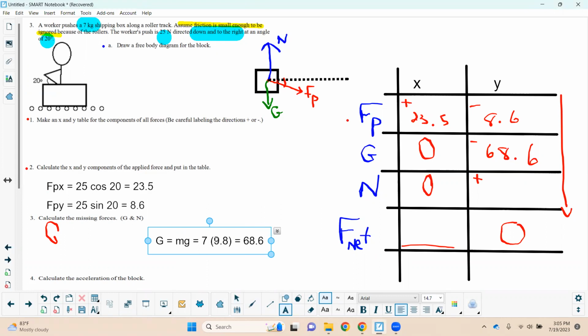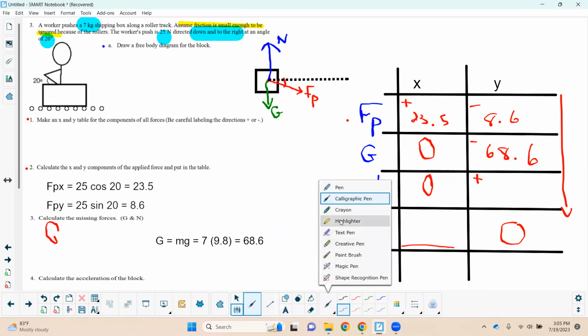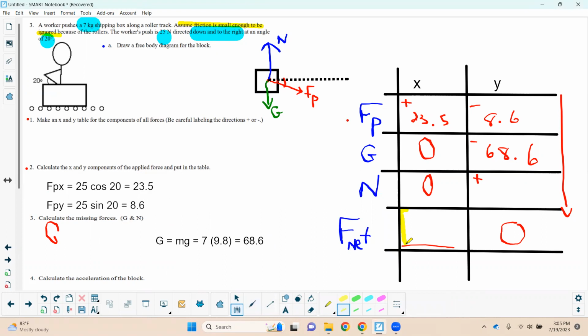So now we need to fill in the rest of the blocks. We only have the boxes that I'm highlighting now left. If we look at the ones that are empty, this box for the net force in the X is empty. This box here for the normal force, which is only in the Y direction, is also empty. So we're going to solve for both of those, and the way that we solve, we just do algebra. It's basically just adding the columns.